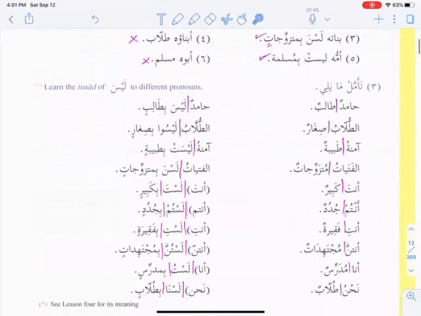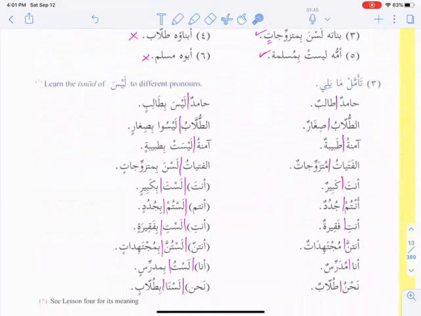Now we come here, my brothers and sisters. I am just thinking while I'm talking: learn the isnad of Laysa to different pronouns. Learn the isnad means apply those pronouns to Laysa when you are conjugating. Okay.